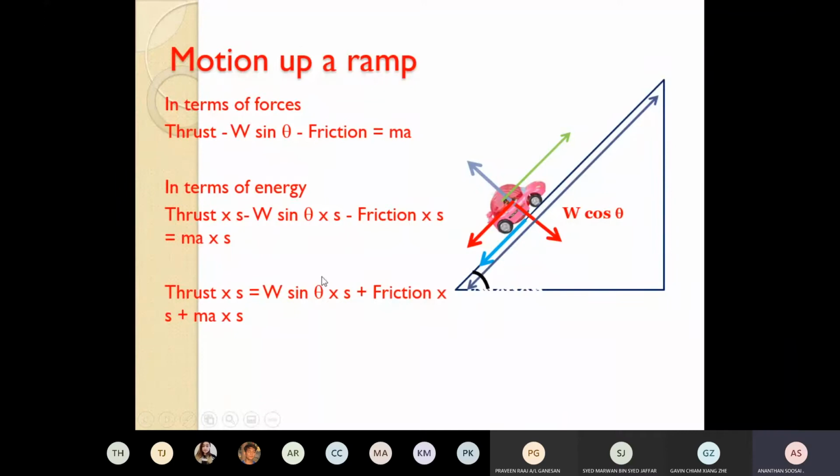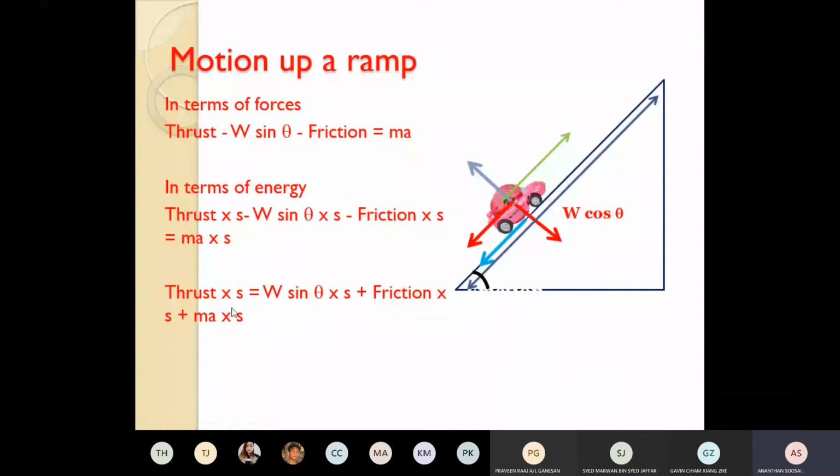W sin theta s is actually potential energy. Friction times s, what type of energy is it? Work done against friction has another name: heat. Friction times s is heat. And the third, MAs, acceleration, is going to raise the kinetic energy. Actually, MAs is the gain in kinetic energy.